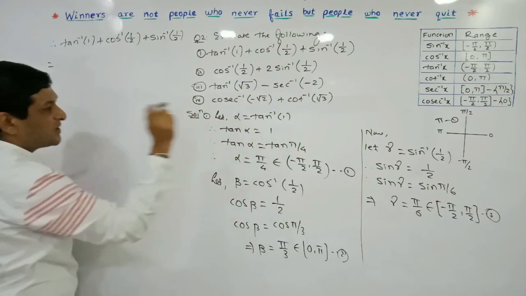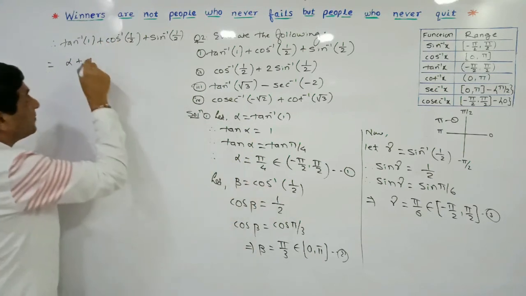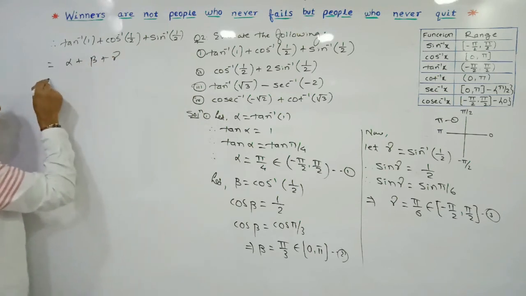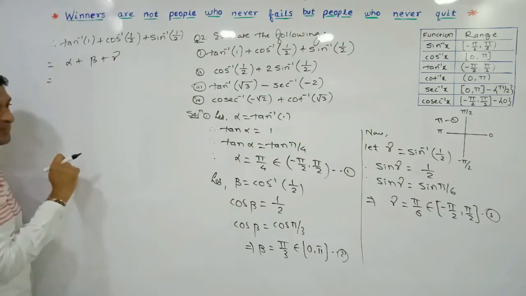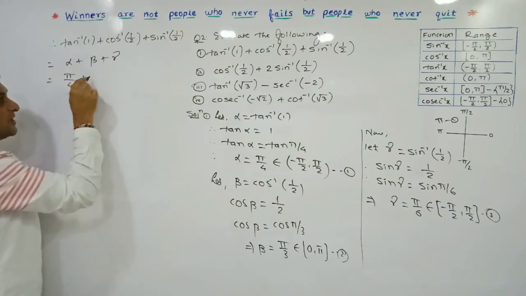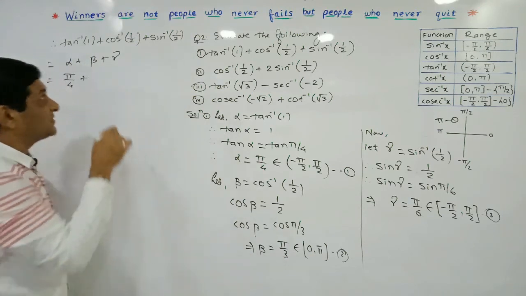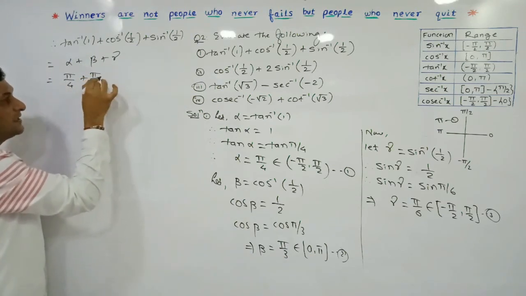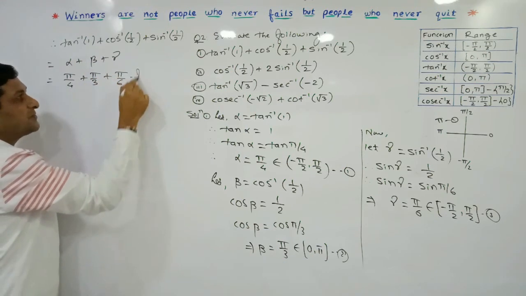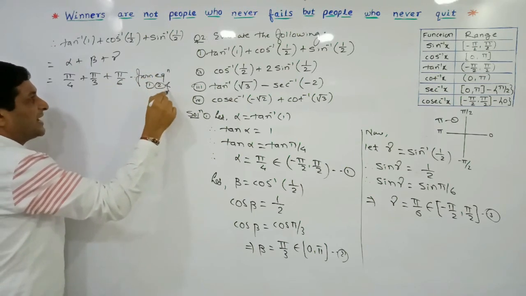Tan inverse of 1 we have denoted by alpha, cos inverse of 1 by 2 by beta, and sin inverse of 1 by 2 by gamma. So this is equal to alpha replaced by its value pi by 4, plus beta replaced by its value pi by 3, plus gamma replaced by its value pi by 6. All these values we are substituting from equations first, second and third.